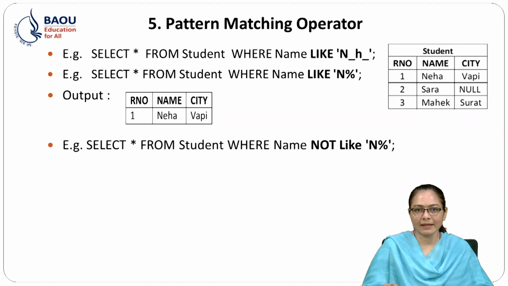Now the third query is, for example, select star from student where name not like 'N%'.